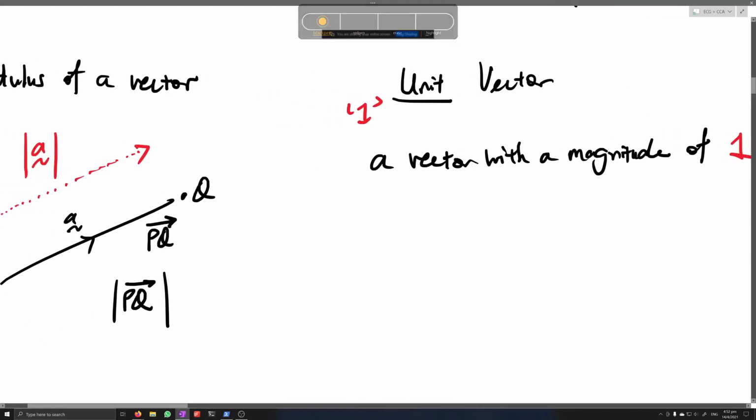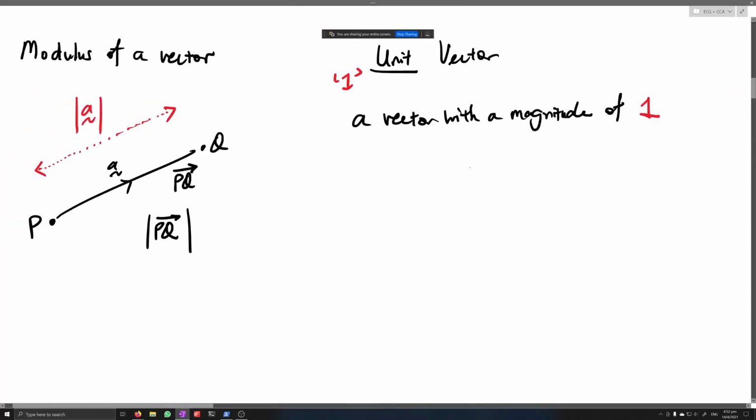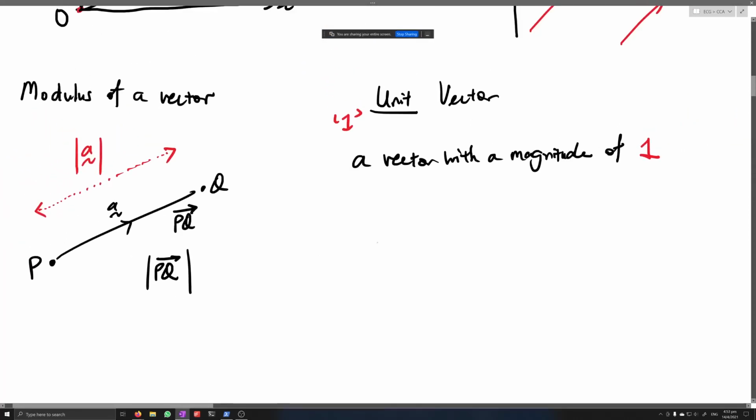So, in this case, let's say we just choose this distance. A unit vector is denoted with a hat over the original vector symbol.